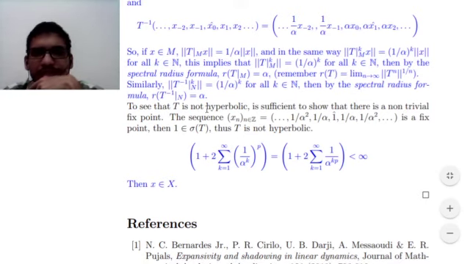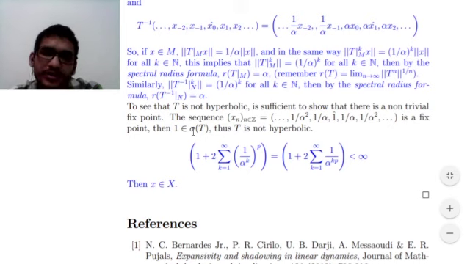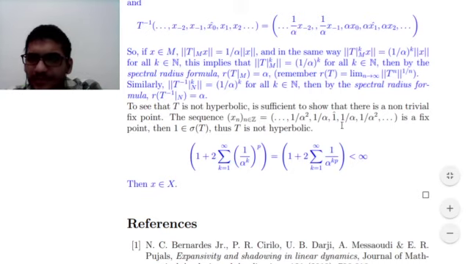To see that T is not hyperbolic, it is sufficient to show that there is a non-trivial fixed point. You can see that the sequence x_n defined by this is a fixed point.